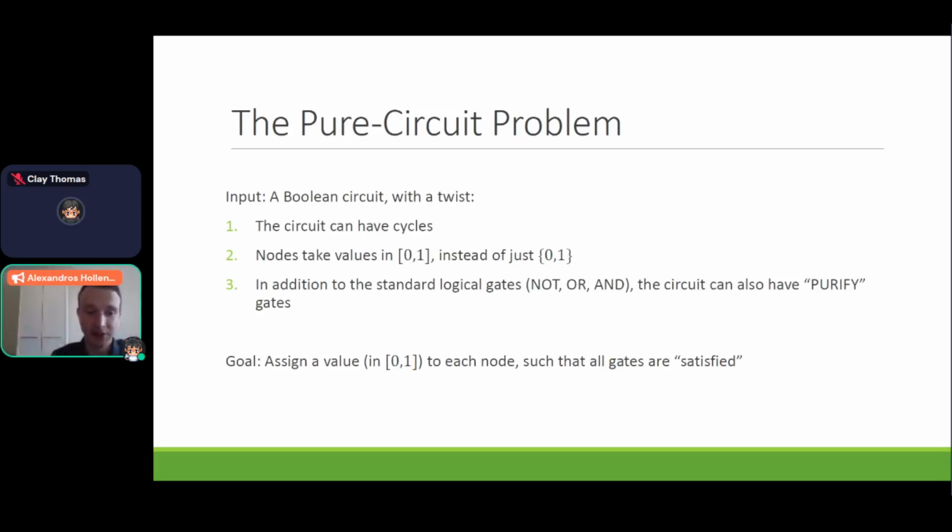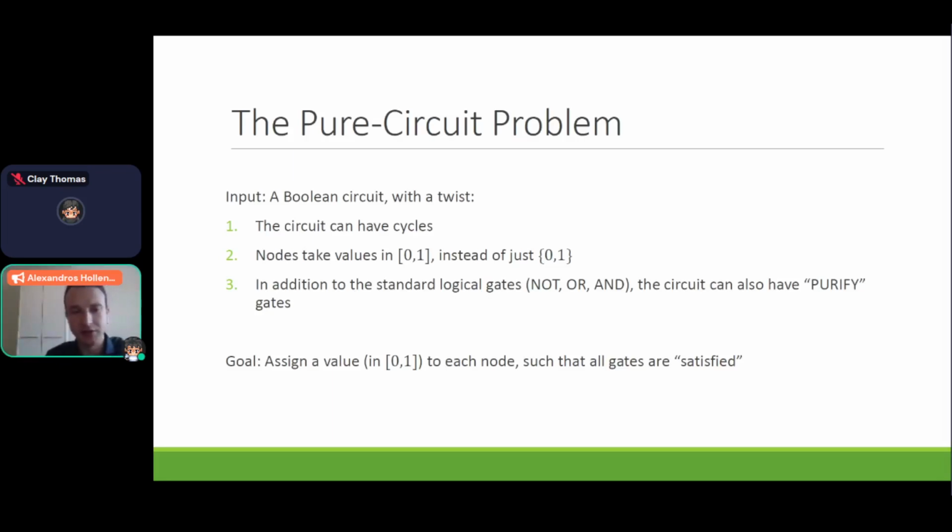And I haven't defined what satisfied means yet. I'll do that in the next few slides. But this is the general definition. I give you this circuit, which is essentially a graph with nodes and gates. And I tell you, find me a satisfying assignment of that circuit.